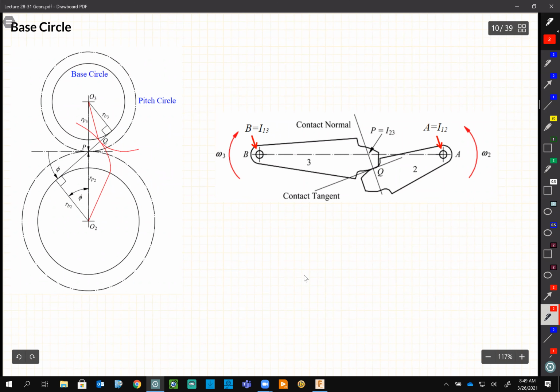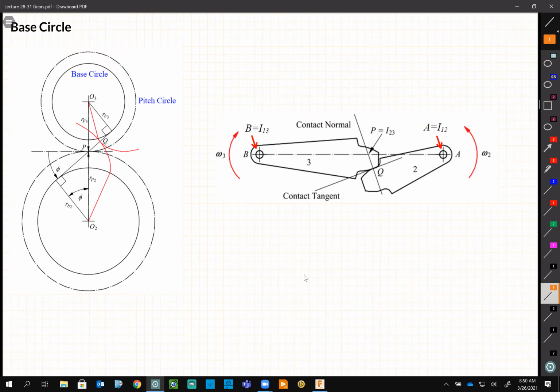And then we have another circle, which we call a base circle. What is a base circle? Well, if we draw two circles that they are, this is the last topic for today, and in 1 minute we will be done. This is the normal line, right? This is the normal line. If I draw two circles, which is tangent to this normal line. Okay, let's try to do that.